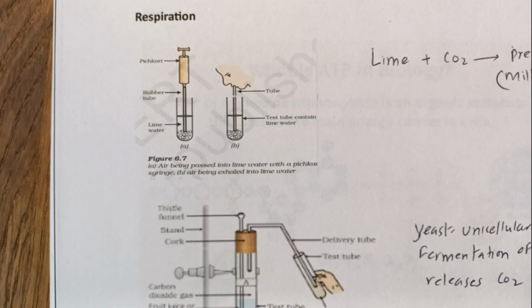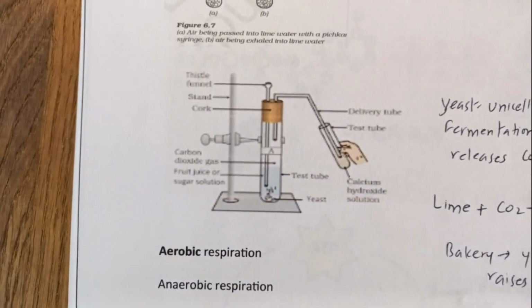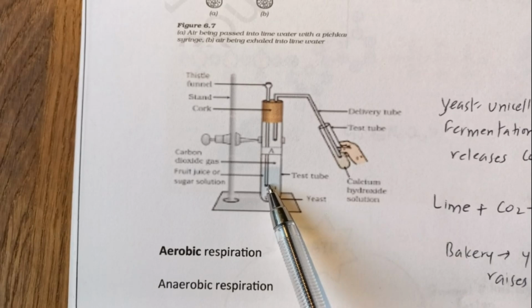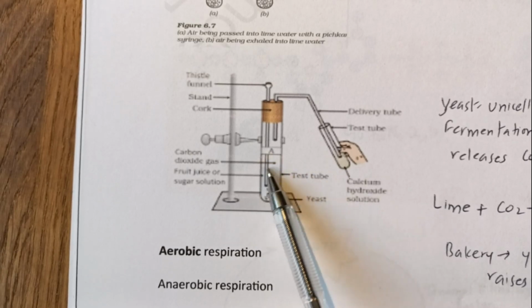Now there is another activity they want you to try, and it is again in relation to carbon dioxide. They want you to put some fruit juice or a sugar solution and add some yeast to this, and this mixture is taken into a test tube.